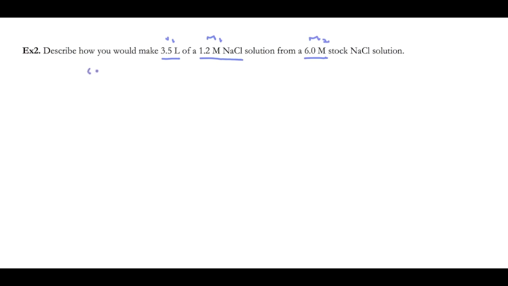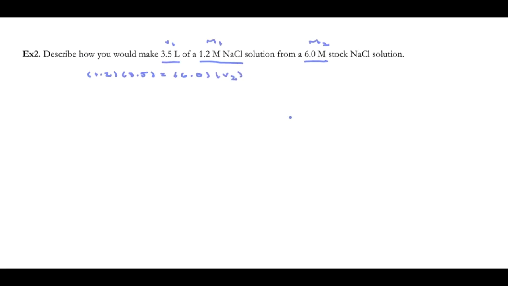So it's going to be M1 V1 equals M2 V2. M1 is 1.2. V1 is 3.5. And M2 is my stock solution concentration, so 6.0. And then my V2 is what I'm solving for.